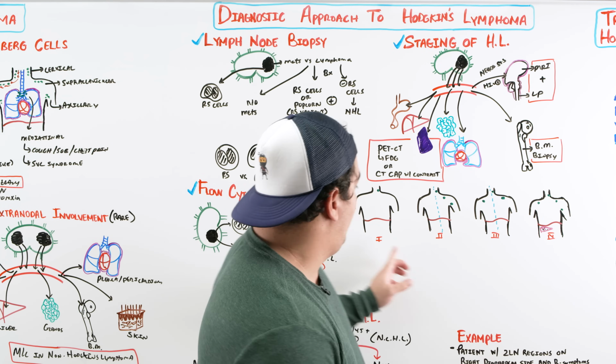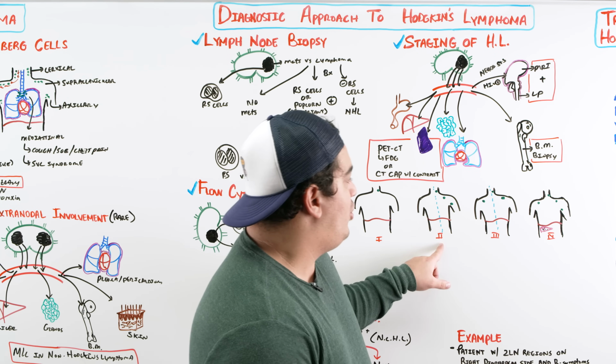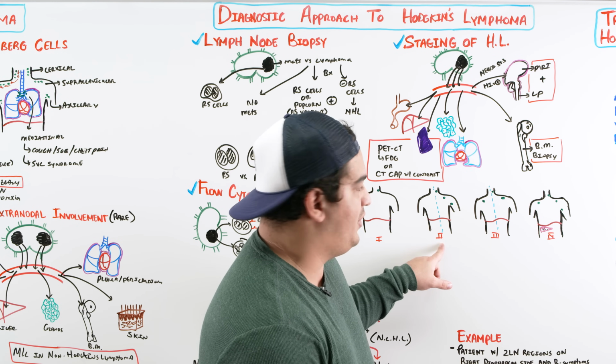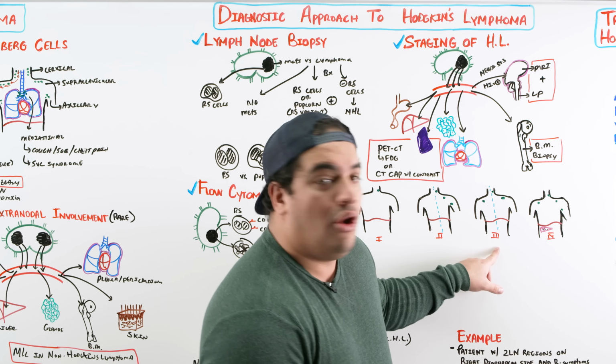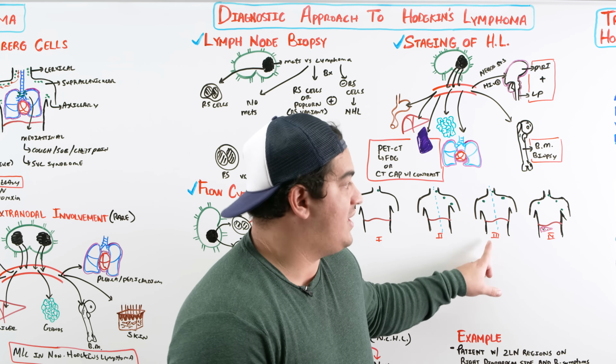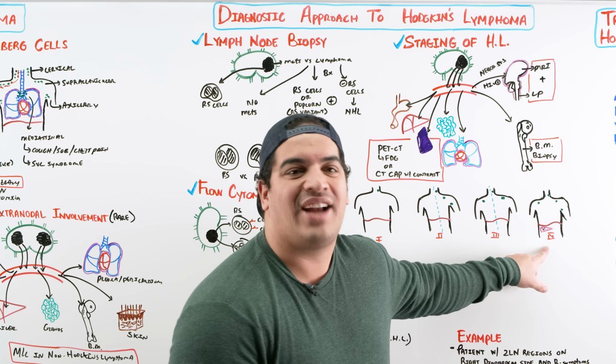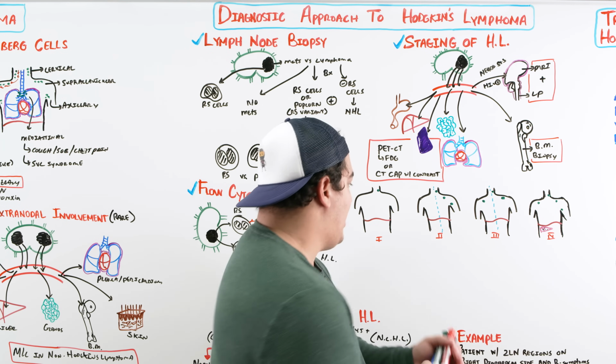So if you have 1 lymph node region, 2 lymph node regions, 2 plus lymph node regions on the same side of the diaphragm, 2 plus lymph node regions on both sides of the diaphragm, or extranodal involvement. So that's how we identify these.